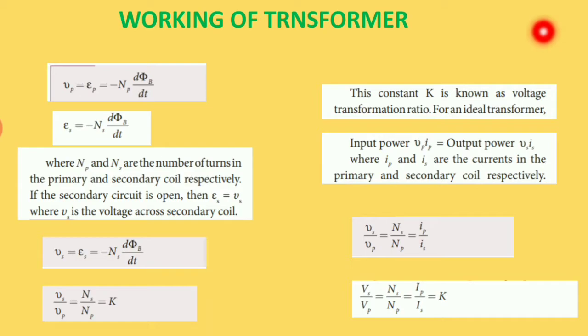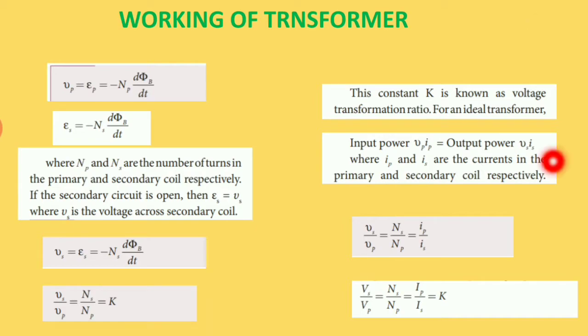For an ideal transformer, input power Vp Ip is equal to output power Vs Is, where Ip and Is are the currents in the primary and secondary coil respectively.